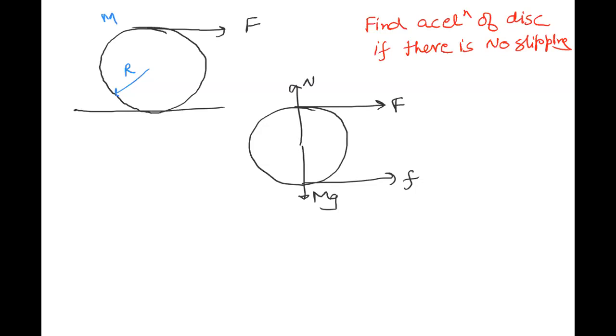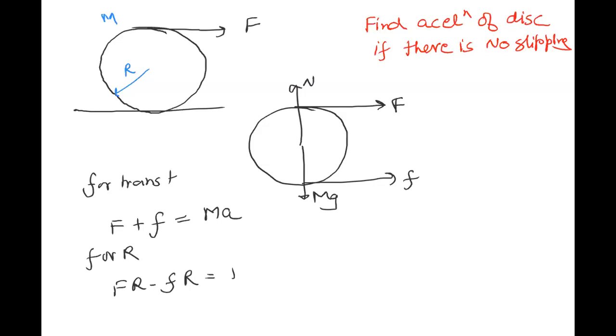So now I will write down for translation of the object. For translation of the object, we will get F plus f is equal to ma. And for rotation of the object, we'll get FR minus fR is equal to I alpha.